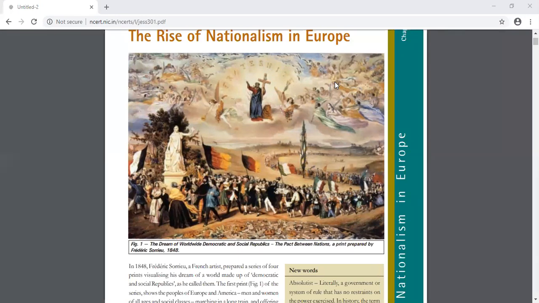So in this chapter, we will deal with many of the issues visualized by Sorrieu in figure 1. During the 19th century, how nationalism emerged as a force which brought about sweeping changes in the political and mental world of Europe.